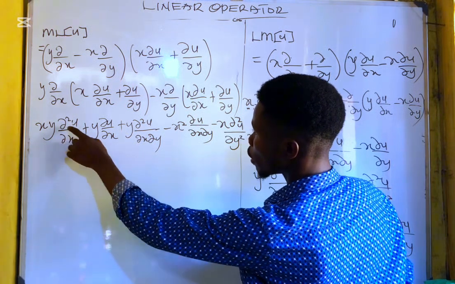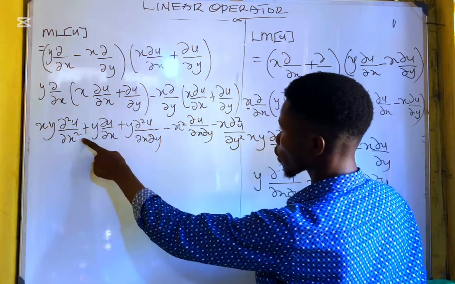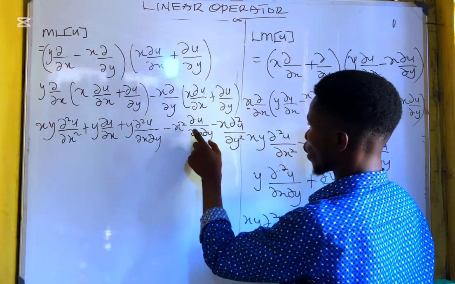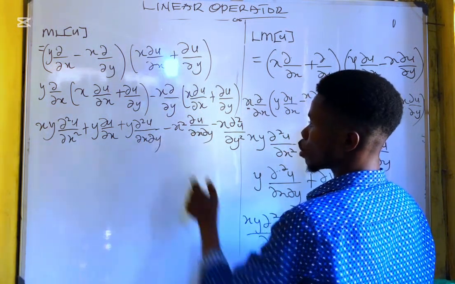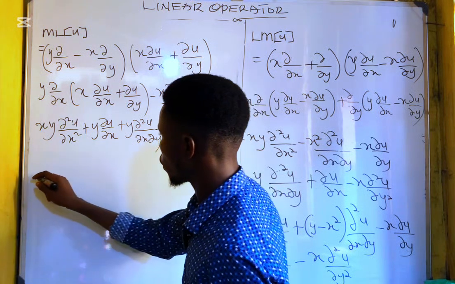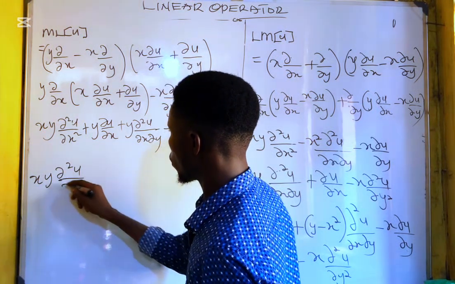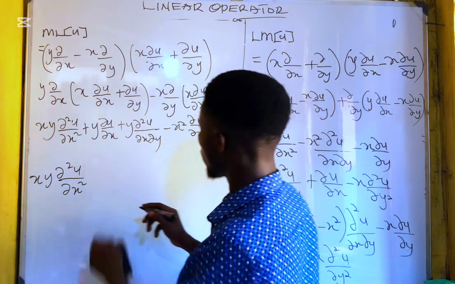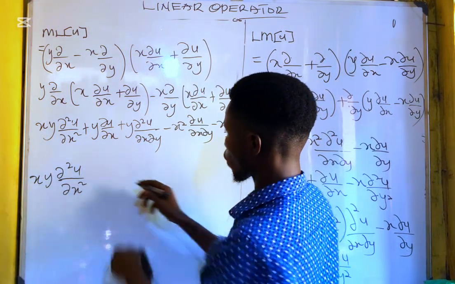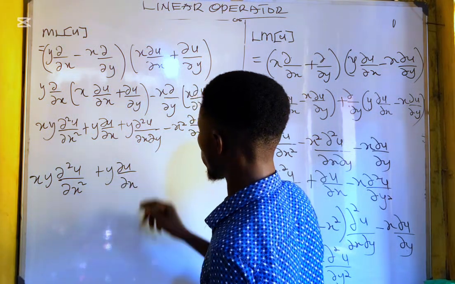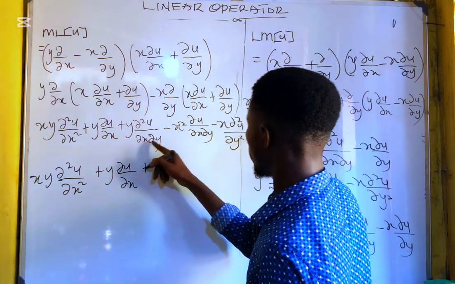This is delta squared u, delta x squared. Do you have something there like that? Delta squared u, no. But okay, this and this are the same. So this is what you are going to do. You write this one: xy delta squared u over delta x squared, plus y delta u over delta x, plus this and that are the same.